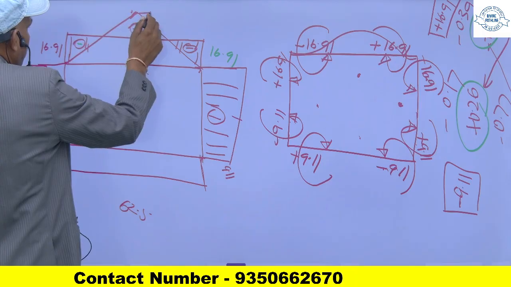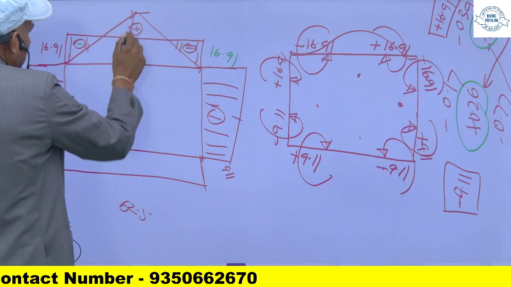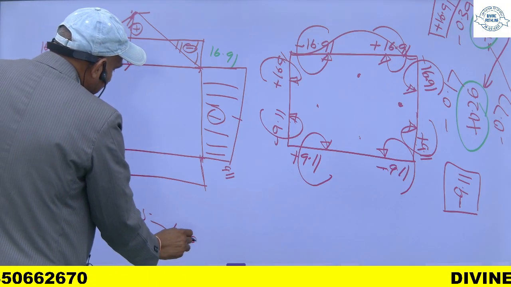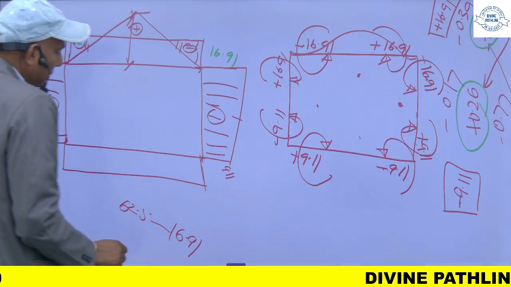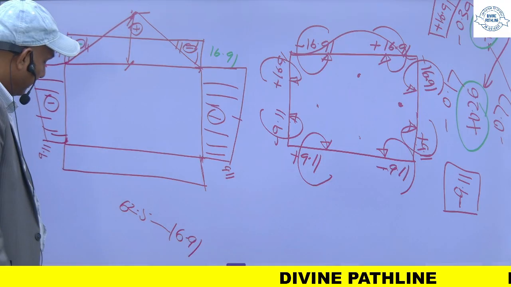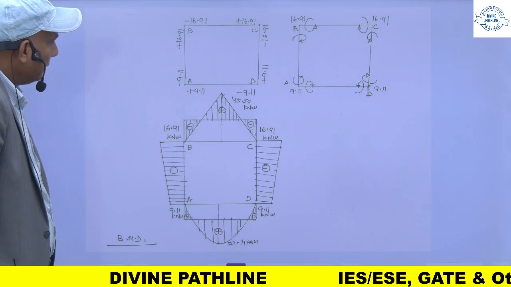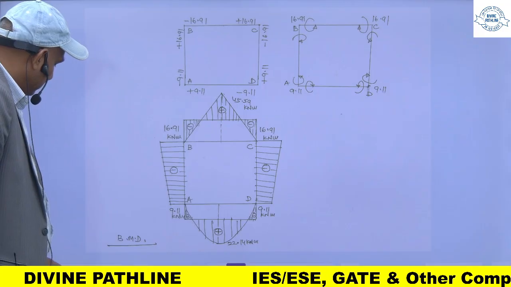Total is 62.5, so 62.5 minus 16.91 gives 45.59.